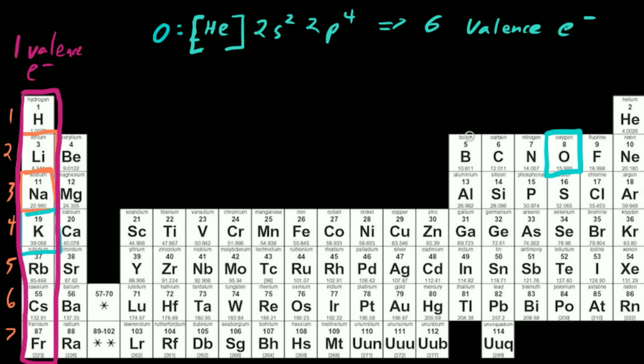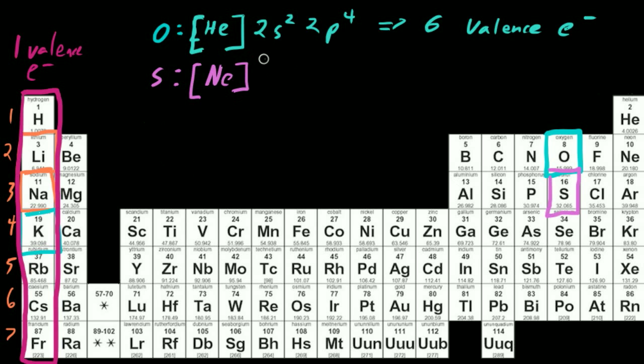Let's do, I think I did this in the last video, but let's do it again. Let's do sulfur. So sulfur is right below oxygen. What's the nearest previous noble gas? Well, it's going to be neon. Neon is the nearest previous noble gas. And then on top of neon's electron configuration, what electrons does sulfur have?